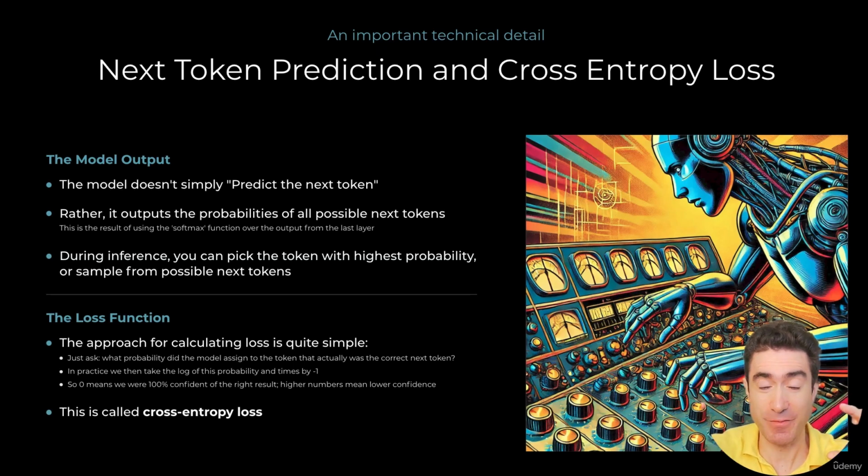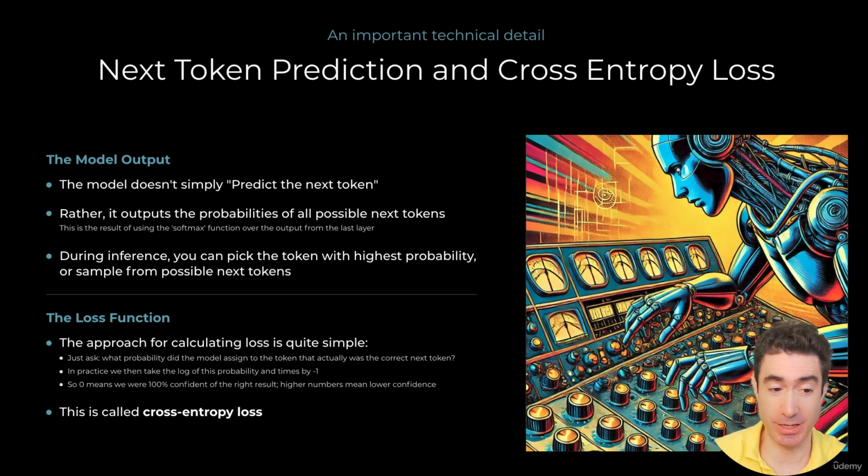If it gave that a 100% probability, then it was perfect. It was 100% confident in the right result, and everything else would have to be 0 because probabilities all add up to 1. So that would be absolutely perfect. If it's anything less than 100%, then it didn't do well, and the lower probability it gave, the worse it did. So you take that probability, and then it just turns out that the formula that seems to work well is to take the log of that number and then negate it.